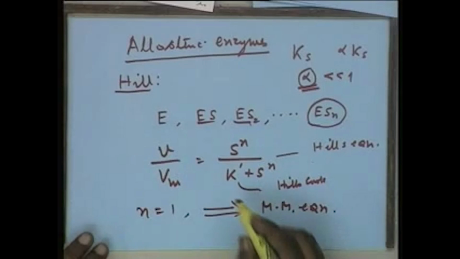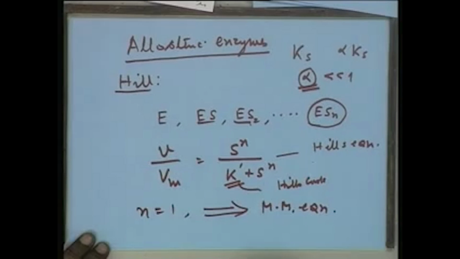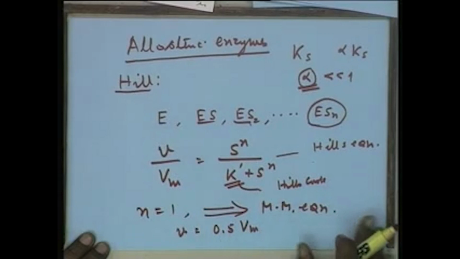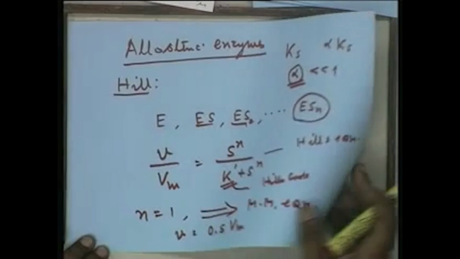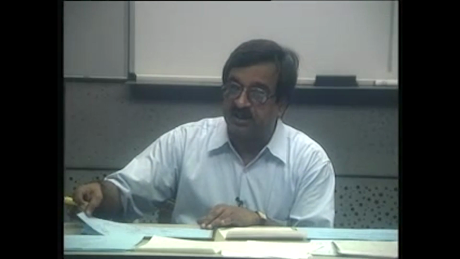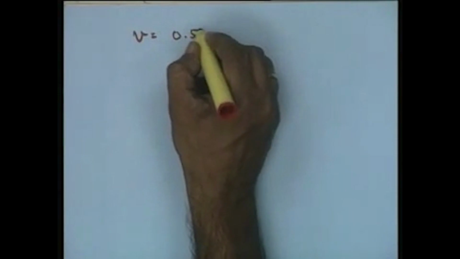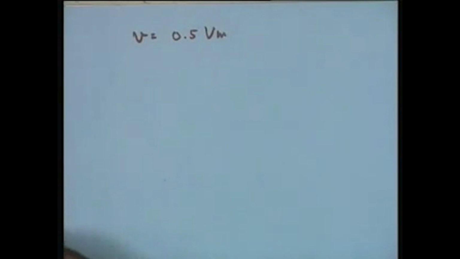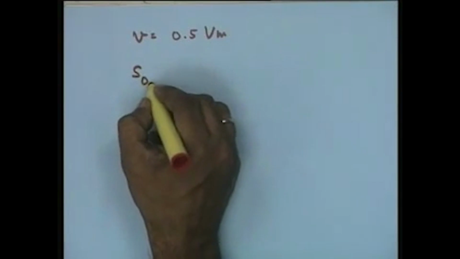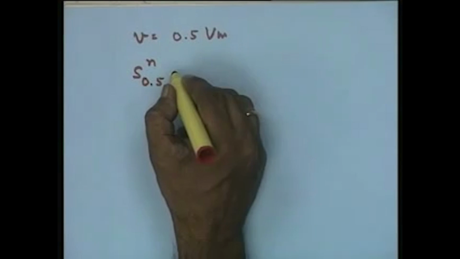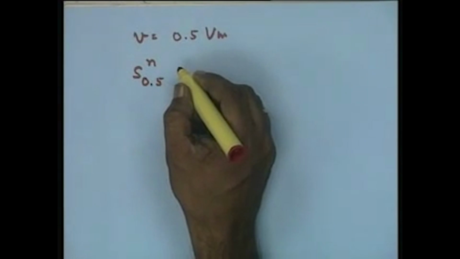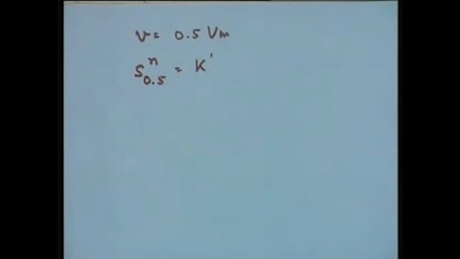Now if you compare this K dash with the Michaelis-Menten constant, when v is equal to 0.5 Vm, if you just take the same sort of yardstick of explaining K dash as we take in the case of the Michaelis-Menten equation, v is equal to 0.5 Vm, then essentially you will end up with S0.5 to the power n equal to K dash in the case of Hill's equation.